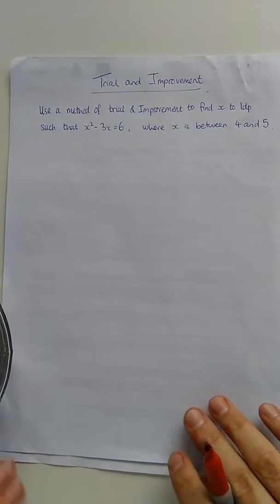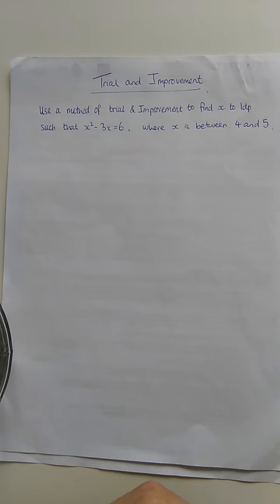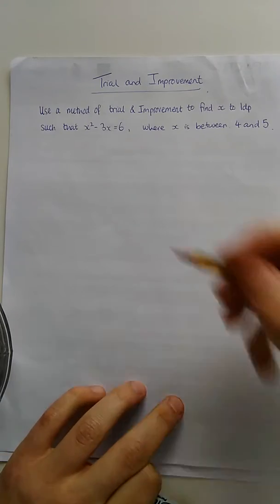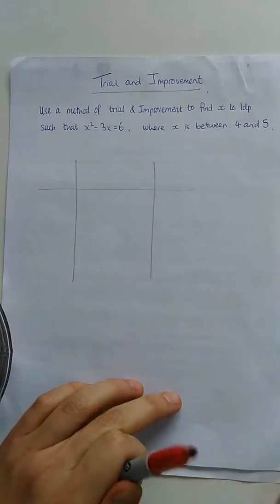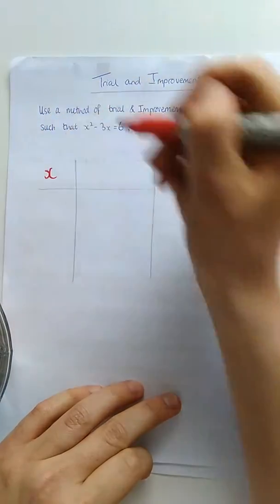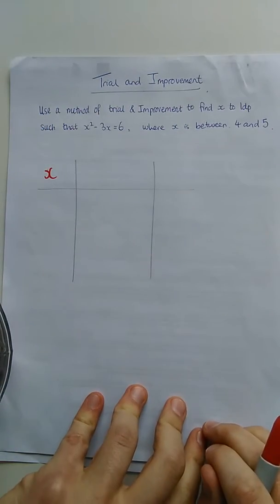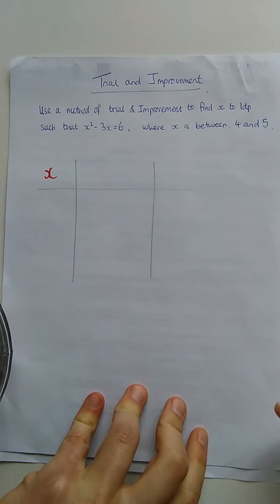So this question says, use a method of trial and improvement to find x to one decimal place such that x squared minus 3x equals 6, where x is between 4 and 5. Okay, so I'm going to set up my table. I need three columns. The first is x. The second is the function of x. Now that means the equation I want to solve.